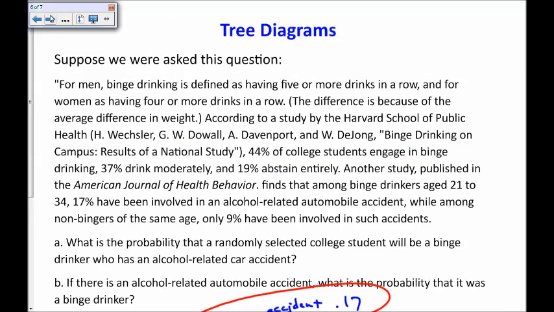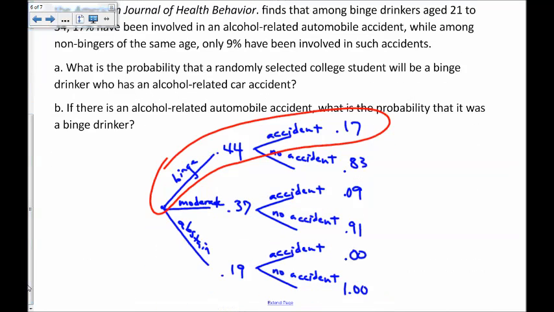So as I move along my tree, I multiply. So I take 0.44 times 0.17, and I get 0.0748, or 7.48%. I'll move that up here just so I can organize it better. So 7.48% of college students are binge drinkers who have had an alcohol-related car accident.